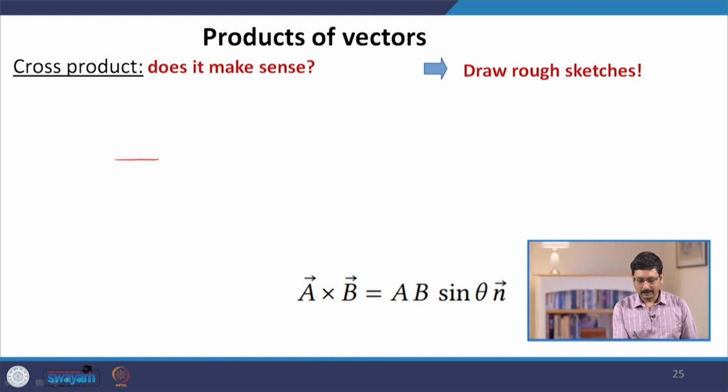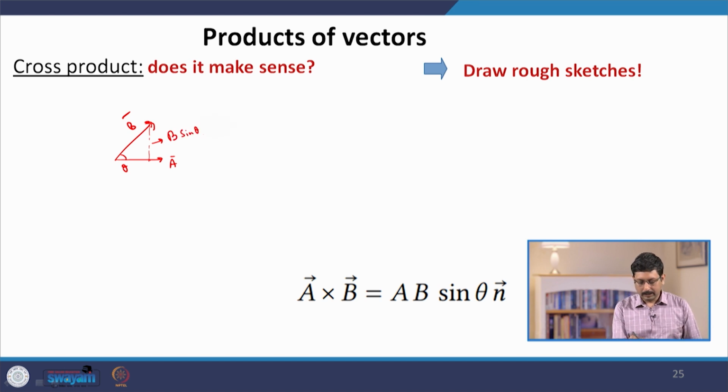So, let us say that this is my vector A and this is my vector B, and this is the angle between A and B. Now if I drop a perpendicular from the tip of B on A, then this represents the height of this triangle, which is B sin theta.